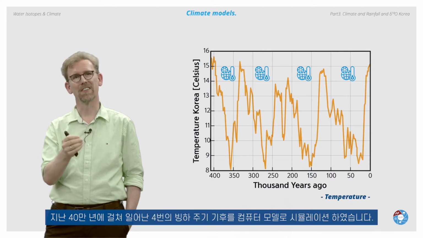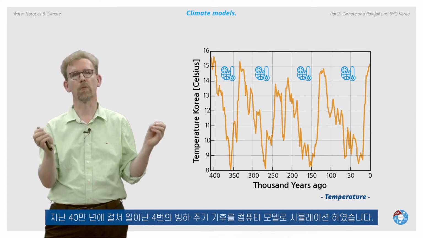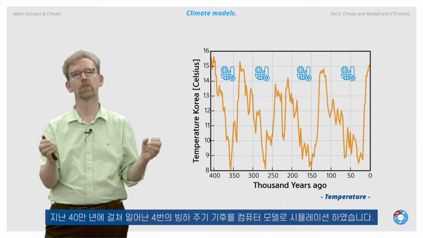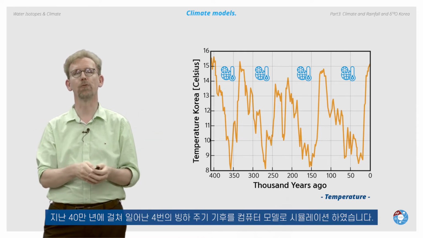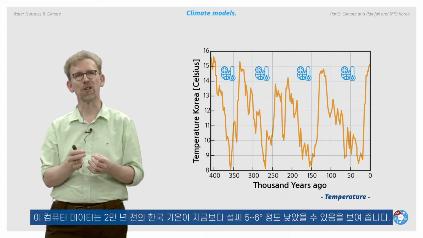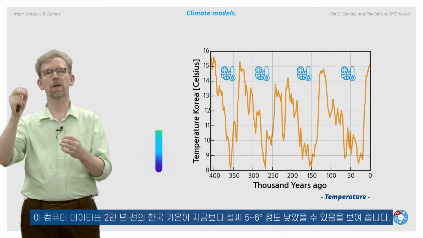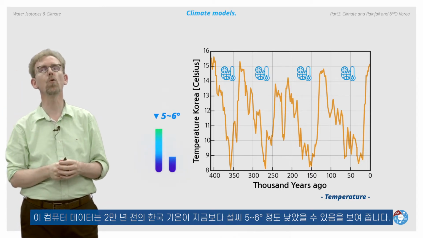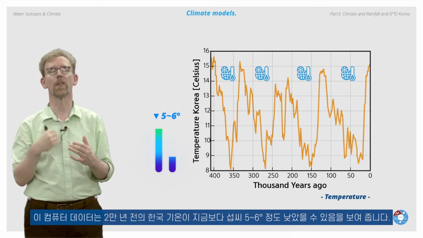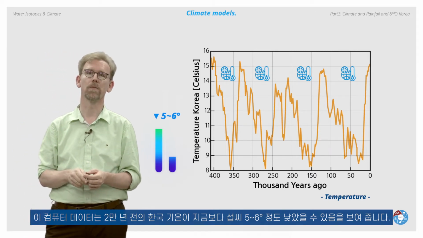We conducted a computer model simulation that covers the climate of the last 4 glacial cycles, essentially over the last 400,000 years. The computer data show that temperatures over Korea may have been 5 to 6 degrees cooler 20,000 years ago during the last glacial maximum as compared to today.